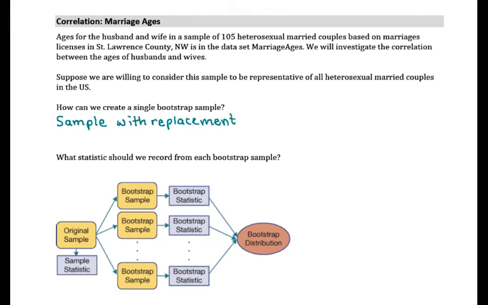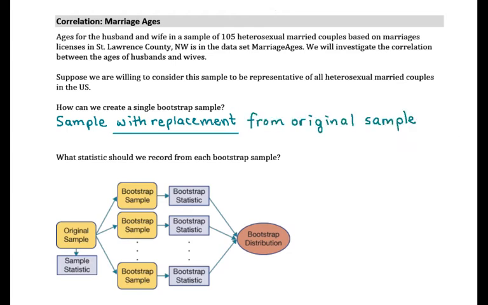With replacement simply means that if we're pulling from our original sample, we take one and we mark it down, and then we put it back into that sample so that it can get drawn again, right? So that's sampling with replacement, and this sampling will be done from the original sample.